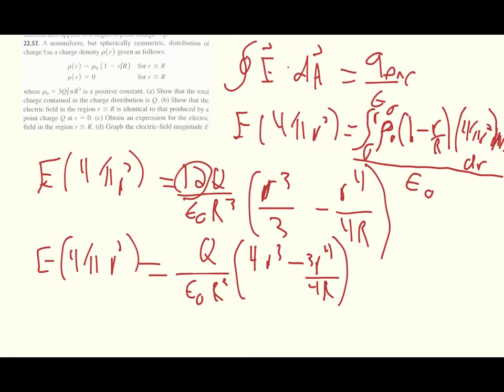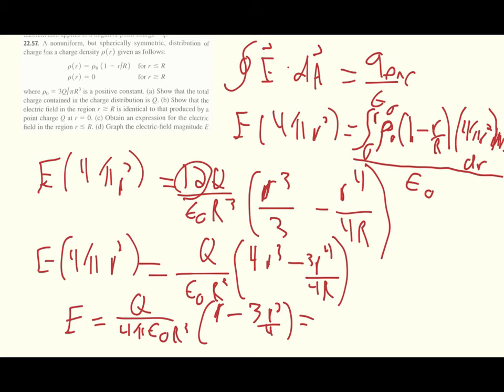So this is going to be E equals Q over 4 pi epsilon naught R cubed, and this thing becomes r minus 3r squared over 4R. The answer that is in the key just factors out an r from both those terms.